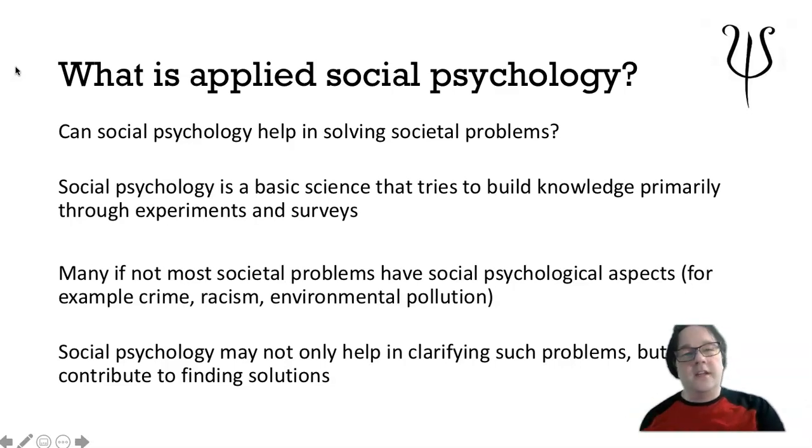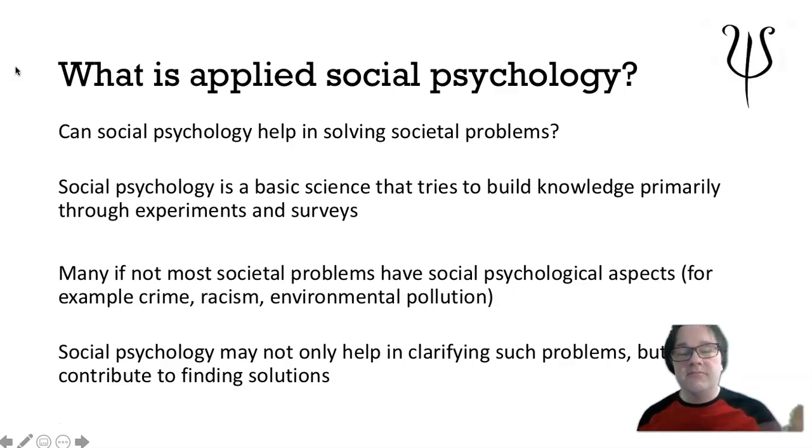So even though it's a basic science, we're constantly building on what we know about humans and how we interact and affect one another. And we can use that information to try to make some changes in society. So many, if not most, societal problems have social psychological aspects.